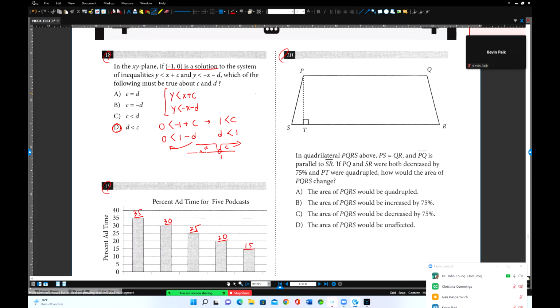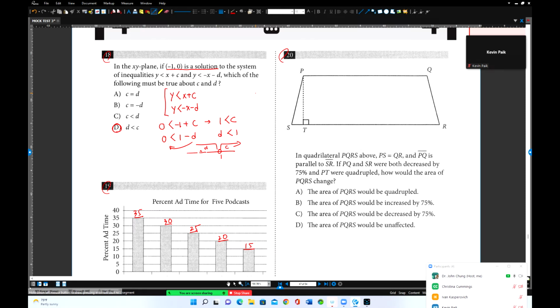In this case, I'm going to use some plug-in numbers. You can also use algebra with some variables, because the dimensions are not given there, okay? So you can use any plug-in numbers, that works too. For some numbers they'd give different answers, then the question would be wrong, right?